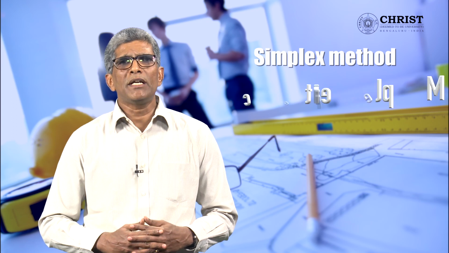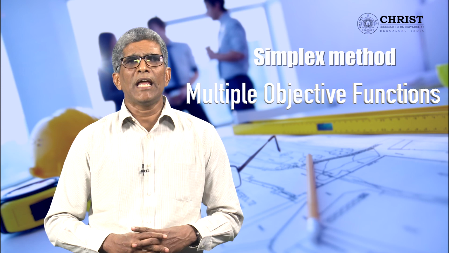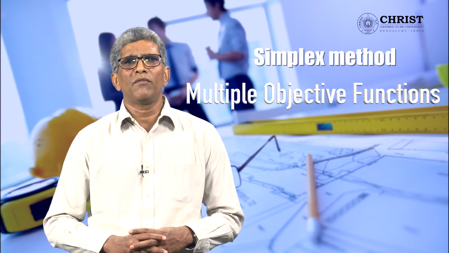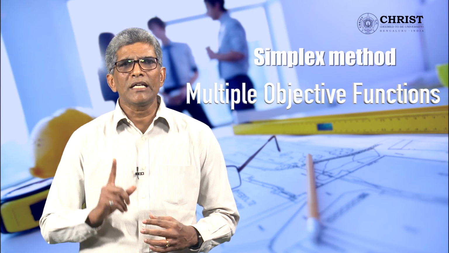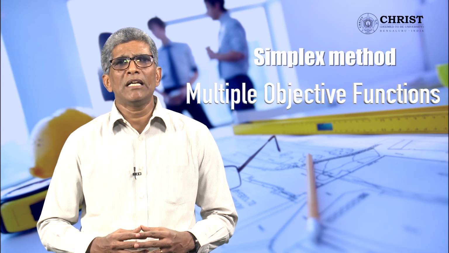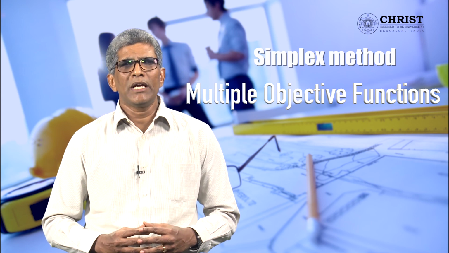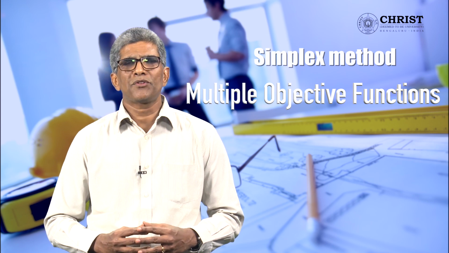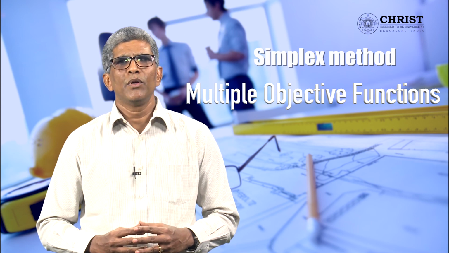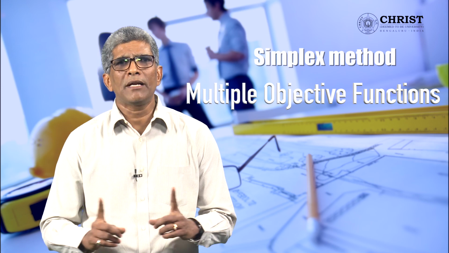Second, multiple objective functions. In some cases, the user may like to optimize a number of different objectives concurrently. For example, in the optimal design of a panel of a door or a window, it would be good to minimize weight and maximize strength simultaneously. Usually, the different objectives are not compatible.